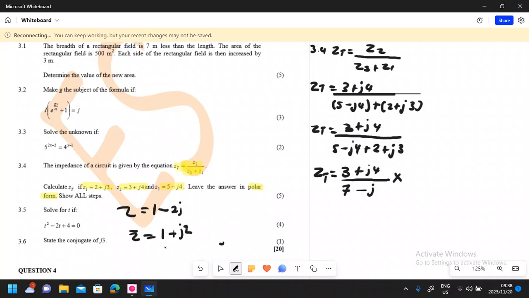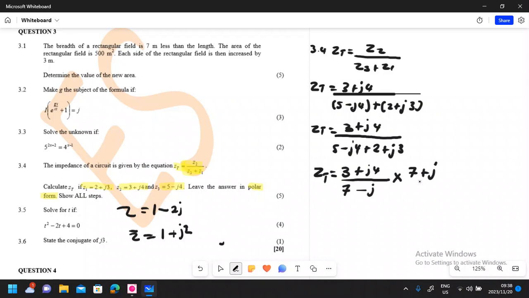For the conjugate we only change the sign of the imaginary number. So we're going to multiply by the conjugate, but those conjugates must give us 1, meaning we must change this and say 7 plus j. Remember, this is the conjugate of the denominator.